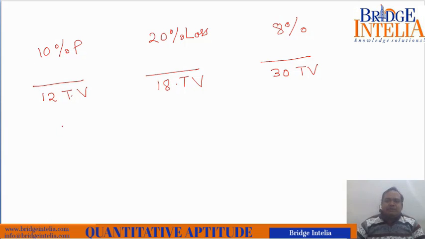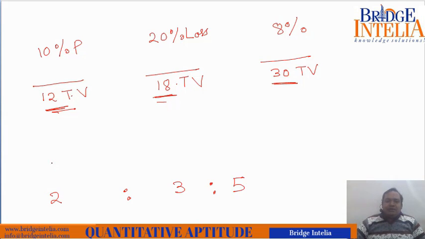So let's apply the concept of weighted average here. Before applying the formula, we have to find the simplest ratio. 12, 18 and 30 are all multiples of 6, so 2 is to 3 is to 5.